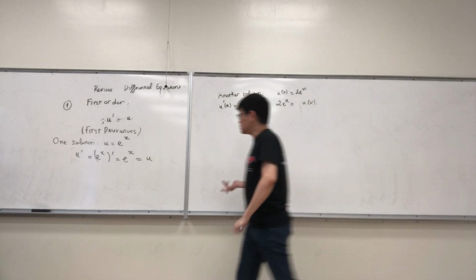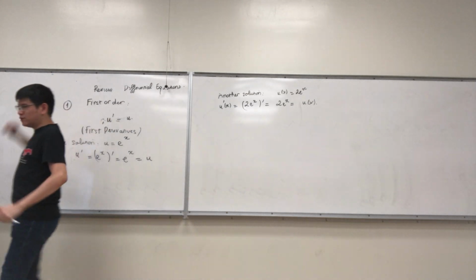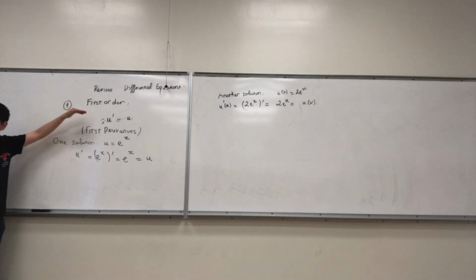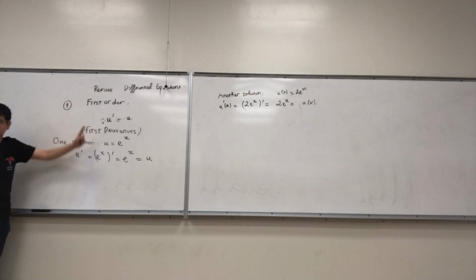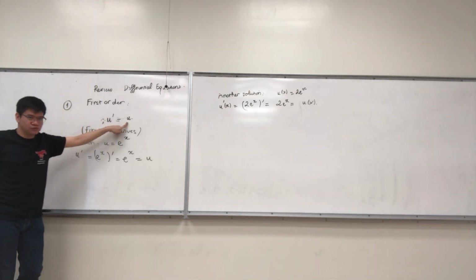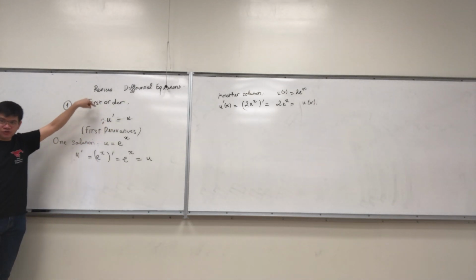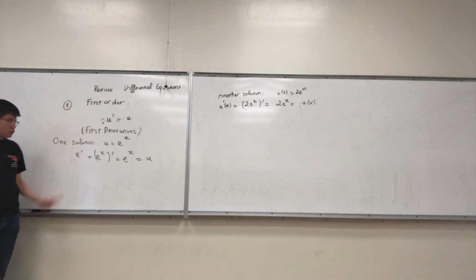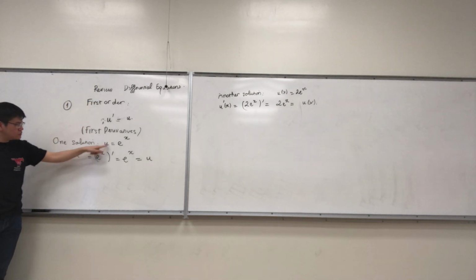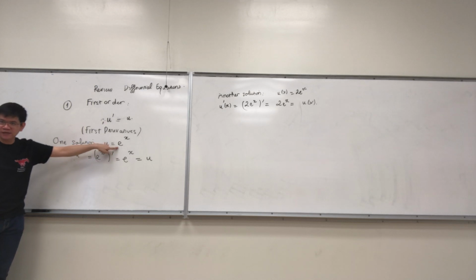All right? So I explain again. A differential equation is an equation in which you have the first derivative of a solution. So you have u prime is equal to u. You try to find a function u that satisfies this identity. One solution is u is equal to exponential of x.